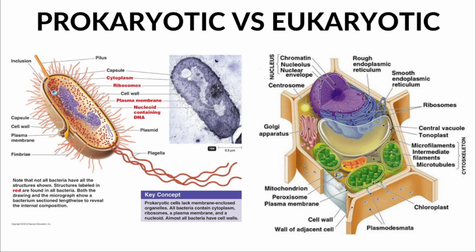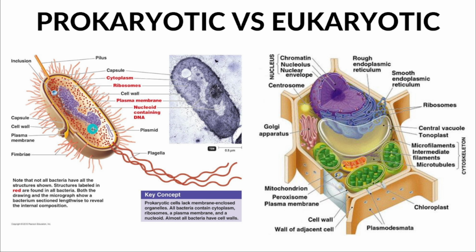The DNA material, the chromosome, lies directly in the cytoplasm of the cell. In eukaryotic cells, all the chromosomes are packed into an envelope structure which we call the nucleus. The nucleus is an enveloped organelle containing the DNA, RNA, chromosomes, and genetic information. In prokaryotic cells, the genetic information lies in the cytoplasm.